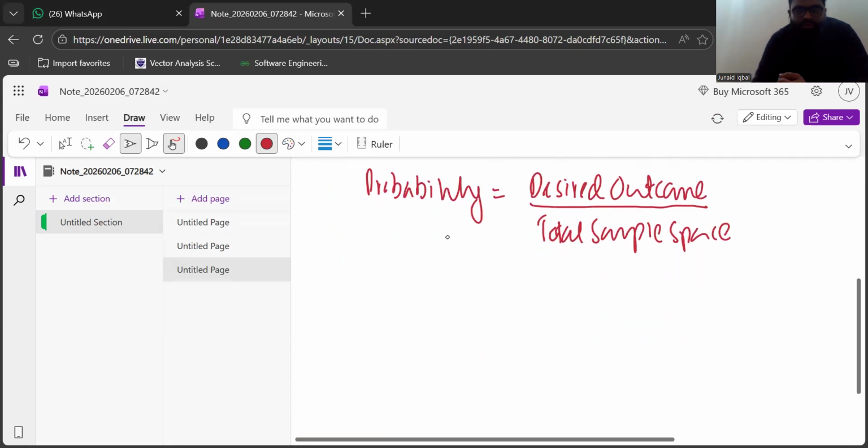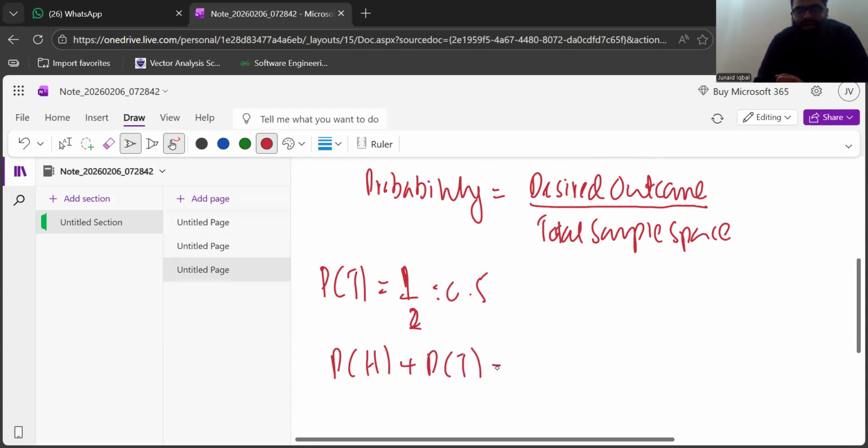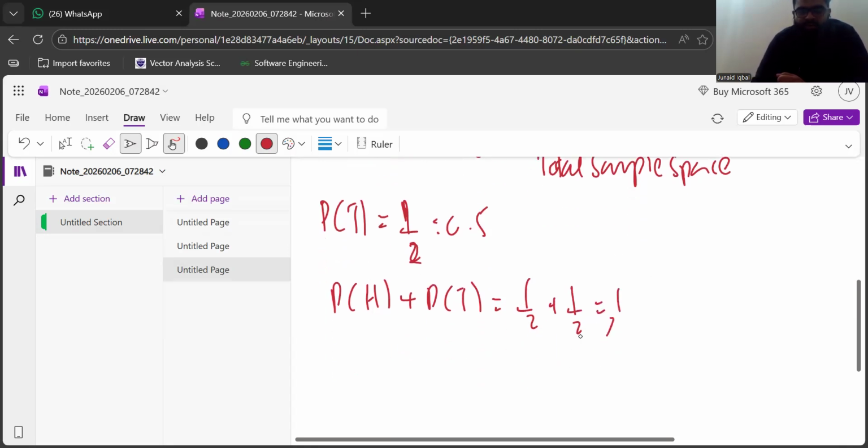Similarly, the probability of tail would be 1 upon 2, because tail is one event and the total is 2, or 0.5. If I add both the probabilities of head and tail, it would be 1 upon 2 plus 1 upon 2, which is 1. So it means the total probability is always 1.